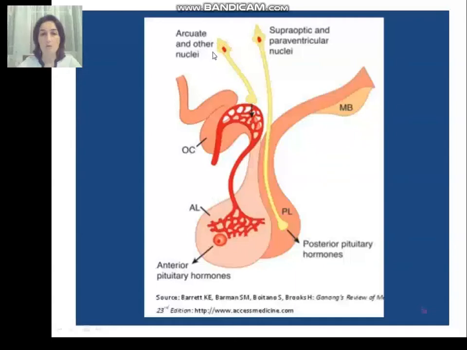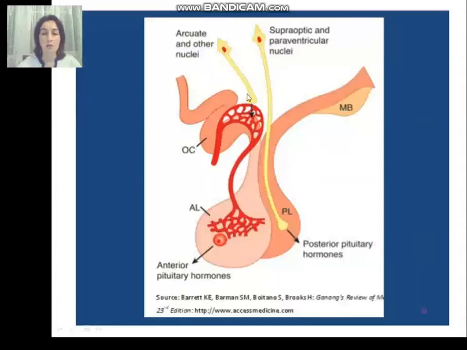These hormones, via axons of these neurosecretory cells, will be transported into the capillaries of the primary capillary network. Here is the median eminence, which includes the primary capillary network and the secondary capillary network, and between them is a portal vein which carries blood from the primary network to the secondary one.